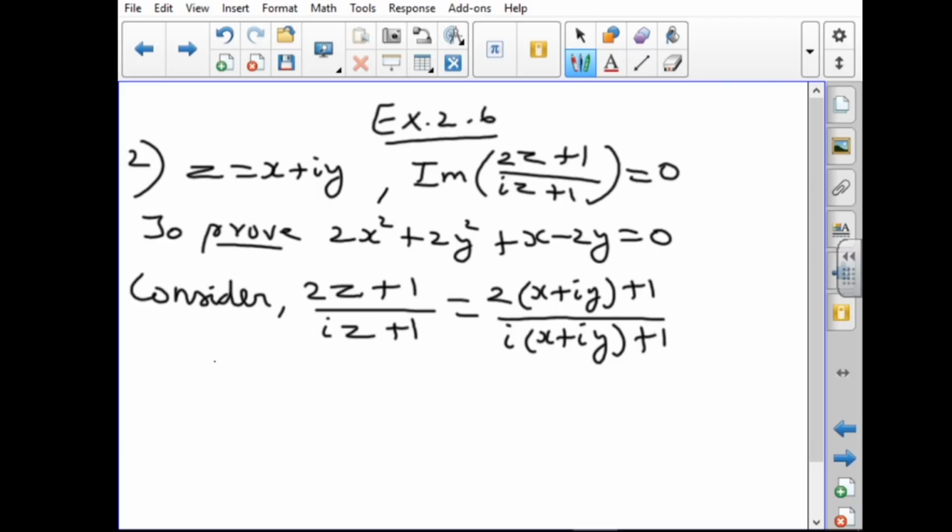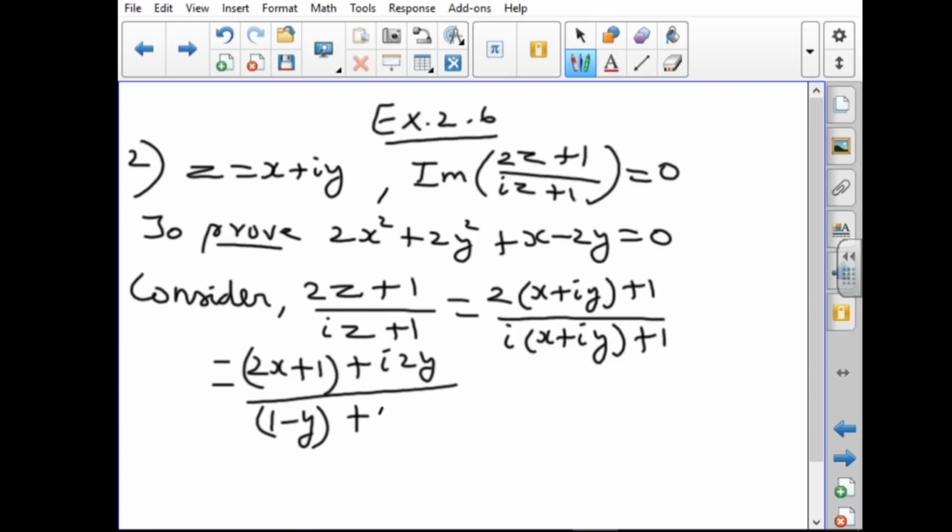We will write it in the rectangular form. So it is (2x plus 1), that is the standard form, plus i 2y by here i into x plus i square into y. i square is minus 1, we know. So it is 1 minus y. So this is the real part plus ix.